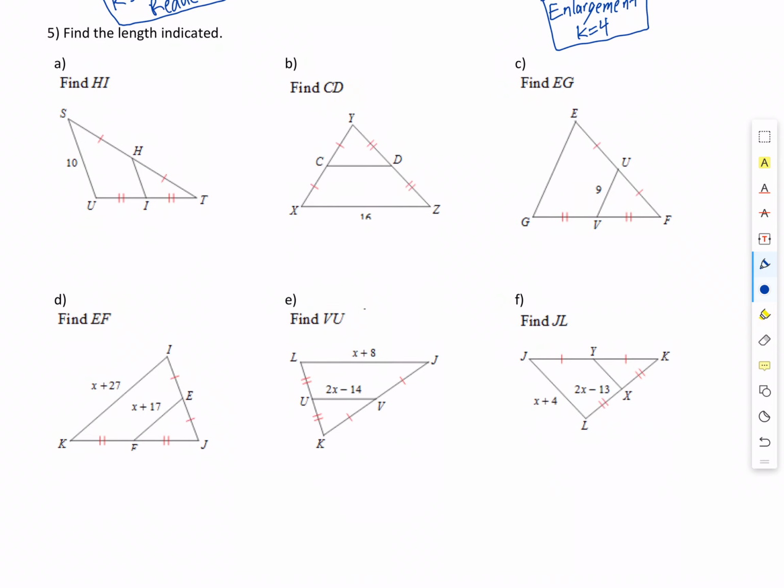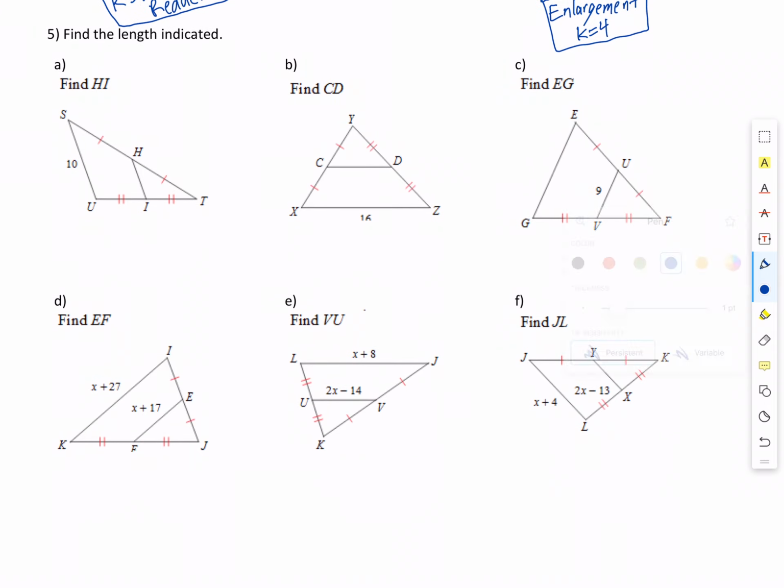So we're wanting to find, if we look at A here, let me switch colors. Let's go yellow. Why not? Find height. So we're wanting to find the length of HI. So we're wanting to figure out what that length is. So these triangles, again, are going to be similar because this angle's the same.